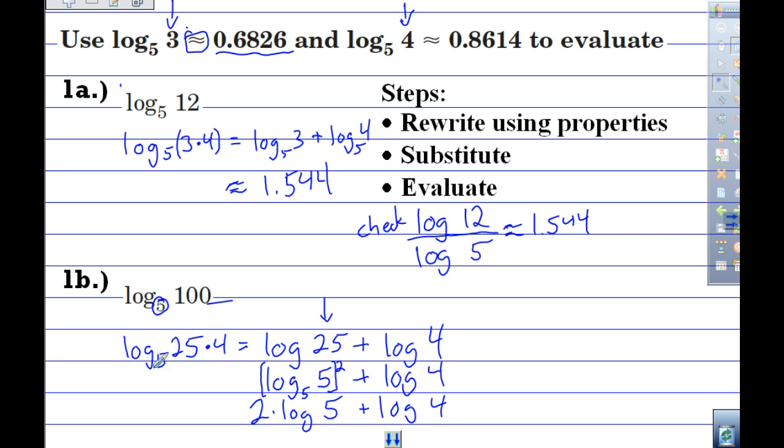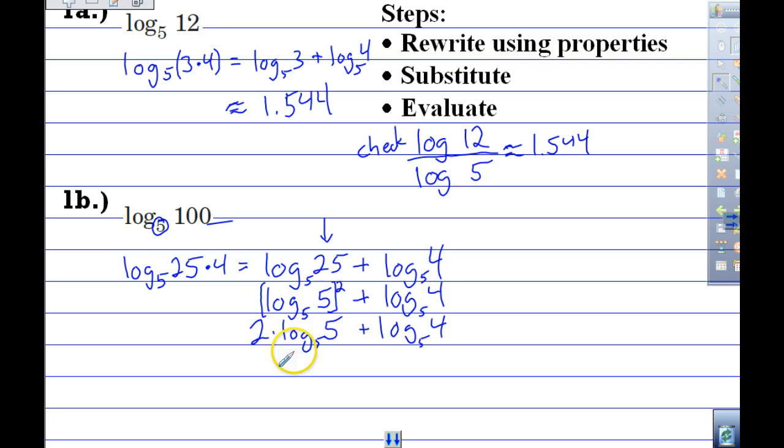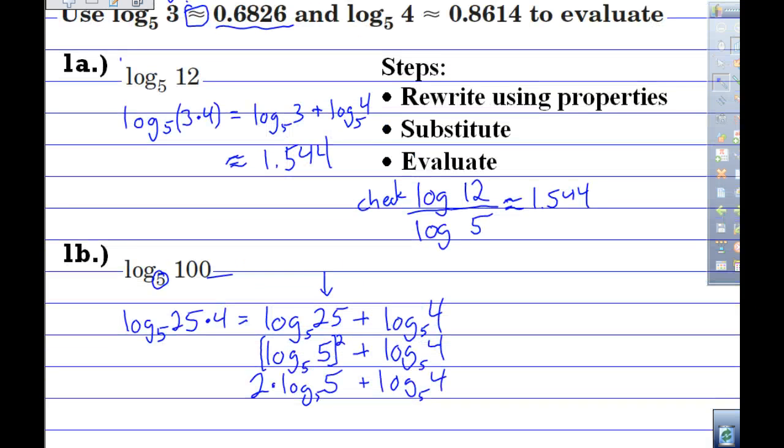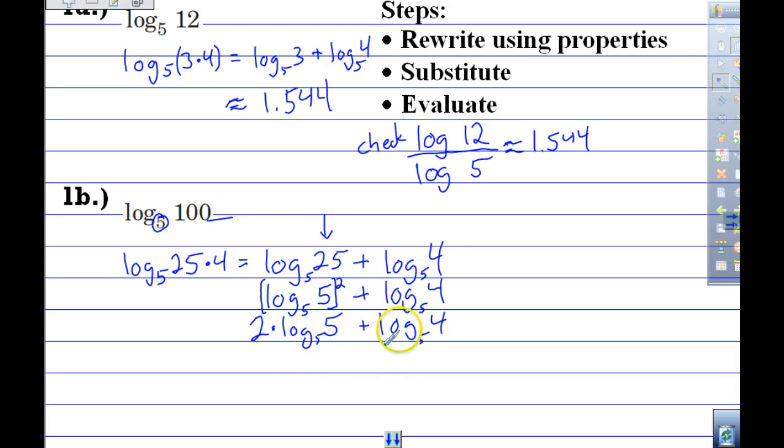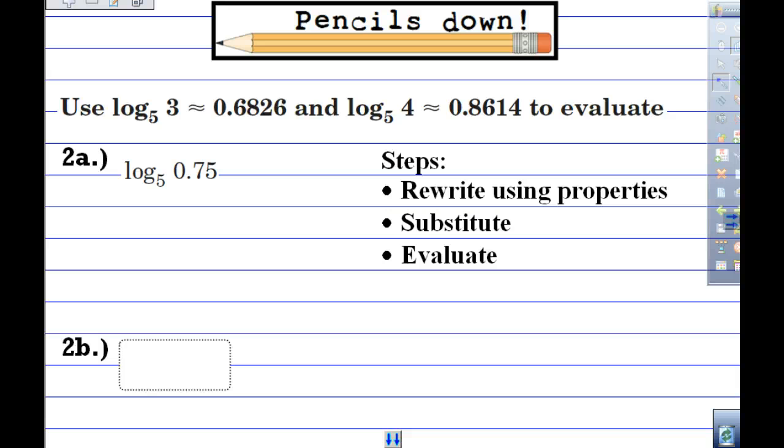Since we're not doing anything fancy, these are all base 5. We're assuming nothing is changing here. And then we can find out our answer. We can do 2 times whatever the decimal is for log of 5 and 2 times the log of 4 and add those together. There's our notes from earlier.